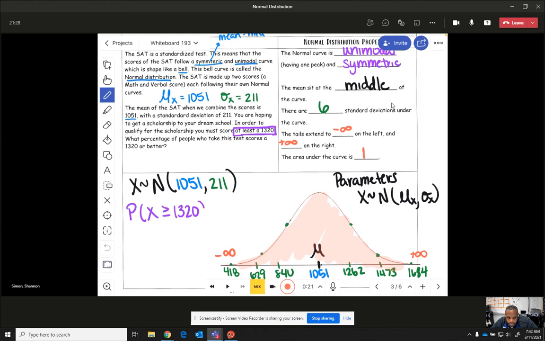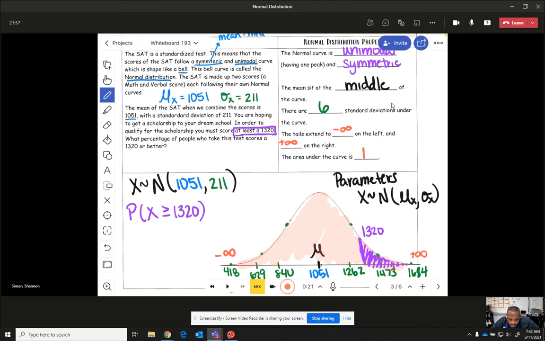So I'm going to go on my curve and look here at 1320. 1320 falls somewhere right here. I want to be at least that value or something more. So I really want to find the probability you fall to the right of this value.